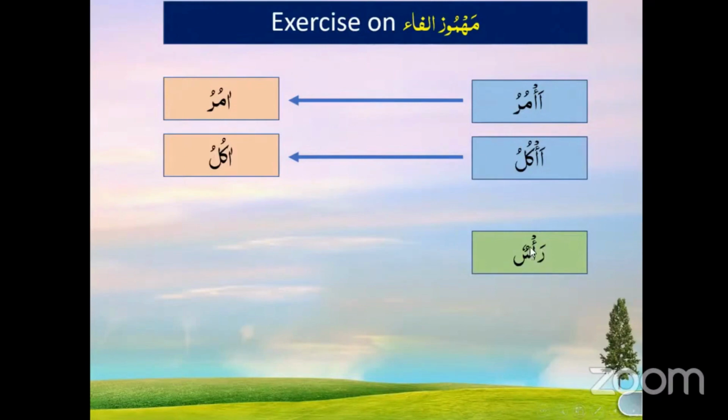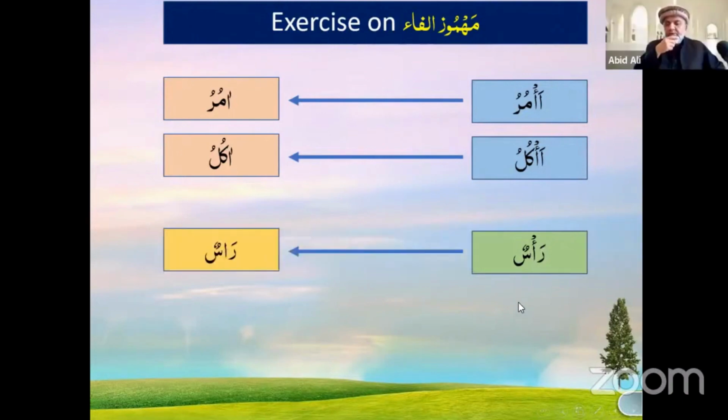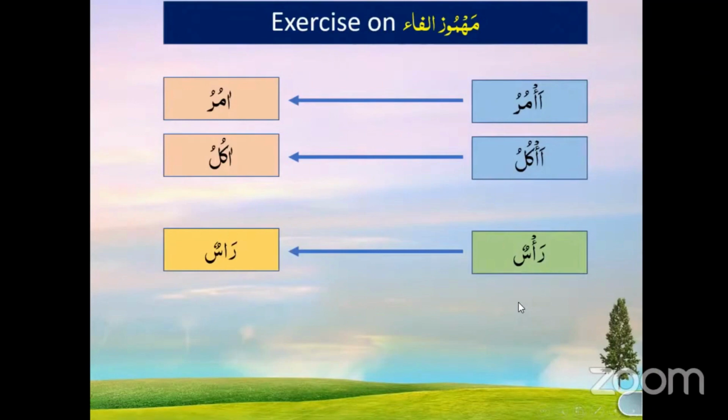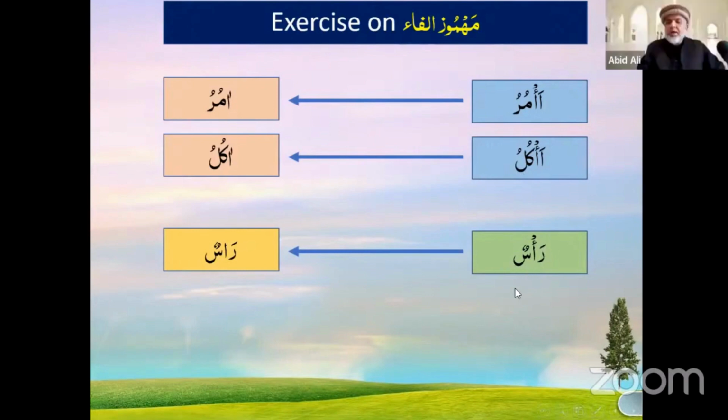Fatha. This Hamza will change with what? Alif. Look at what happened: Ra'sun. This alif doesn't follow the Kada Zabar model, only alif, because there is no alif before. There is ra. So it will be rasun. This is Mahmuzul Ain.